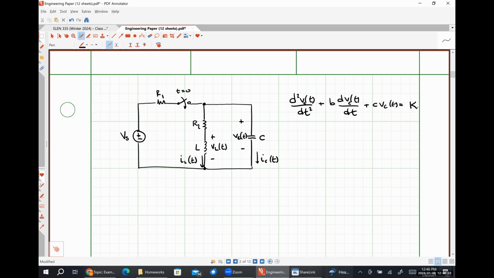I'm just going to call this an arbitrary constant k, so it doesn't necessarily have to be 0. It could be some non-zero number, but it's just going to be a number. So we have to get it in this form, or the exact same form, except that it will be in terms of inductor current as opposed to capacitor voltage.